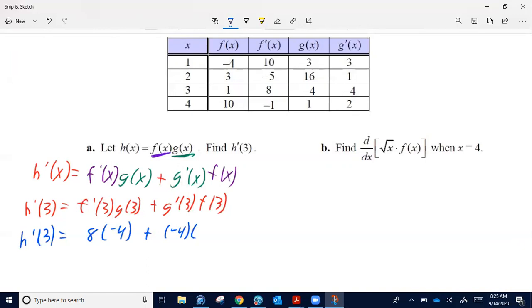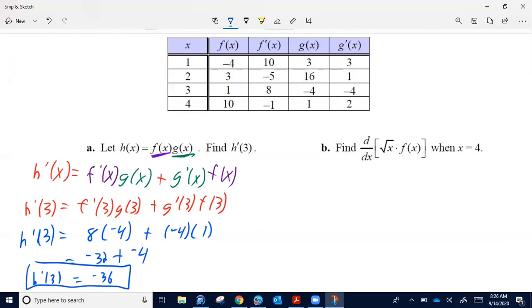Again, f column 3 is a 1. So 8 and -4 is -32, plus -4 and 1 is -4. That gives us h prime of 3 equals -36.